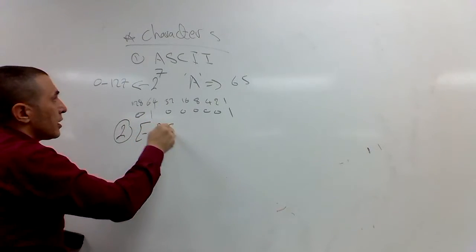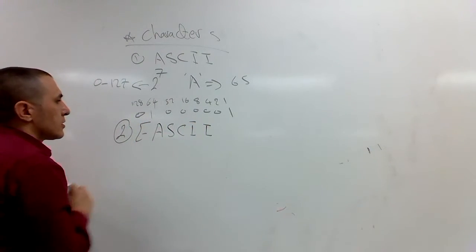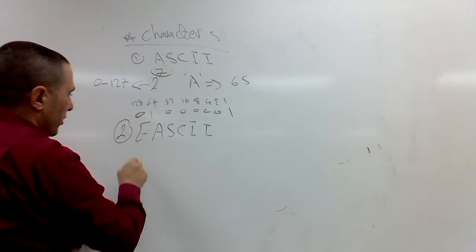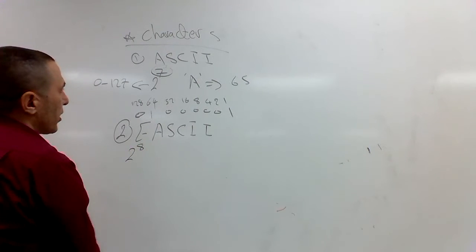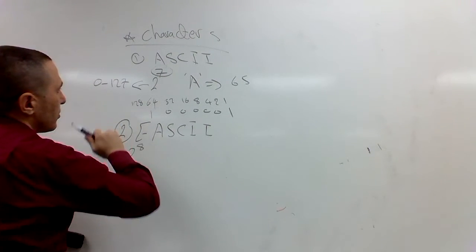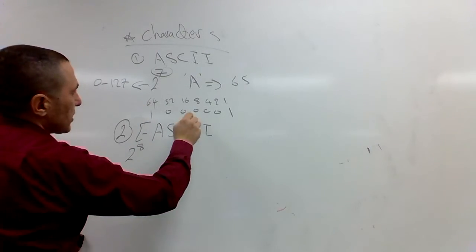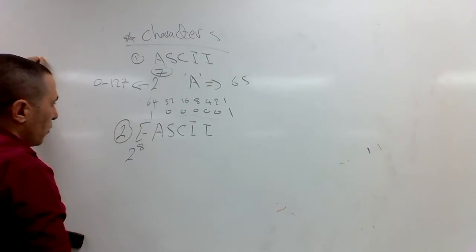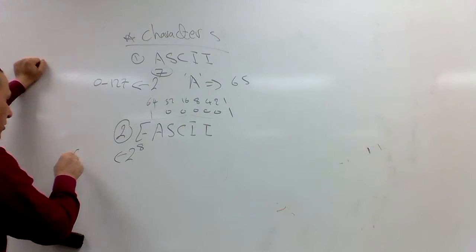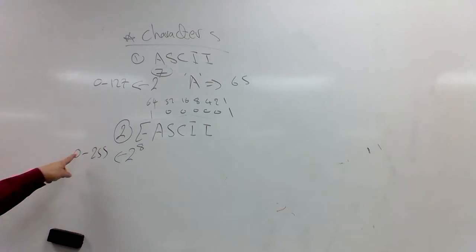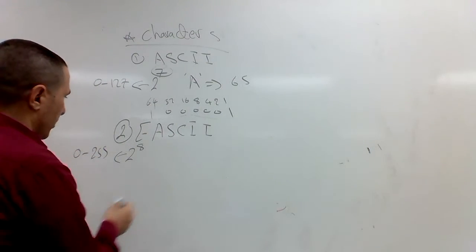Extended ASCII. They added 1 bit, so I'll have 2 to the power 8. Sorry, the regular ASCII is 7 bits. In the extended ASCII, they added 1 more bit, meaning 2 to the power 8, so I'll have from 0 to 255, that is 256 possible characters.